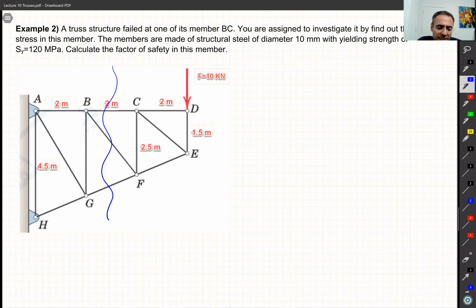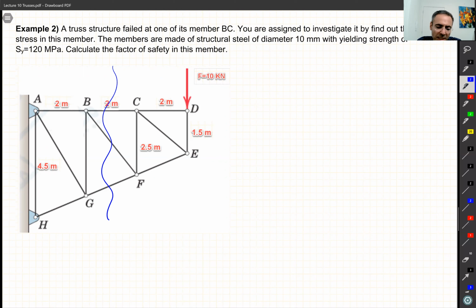That's the first rule. The second rule is, of course we are interested in BC. If we are interested in BC, then when we cut it, this section has to include BC. Like this one is useless, right? We don't care about this one if we section it. So our section must include the member that we are looking after, like this BC here. So that's the first step.